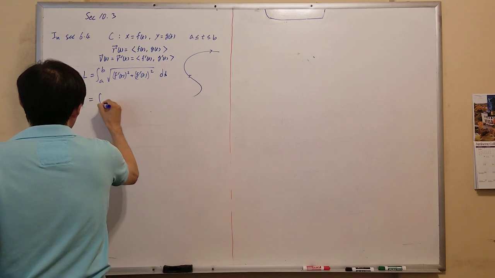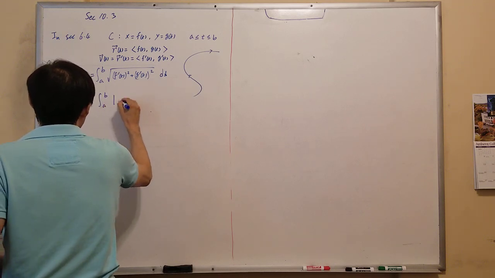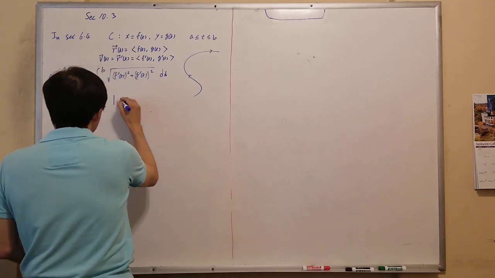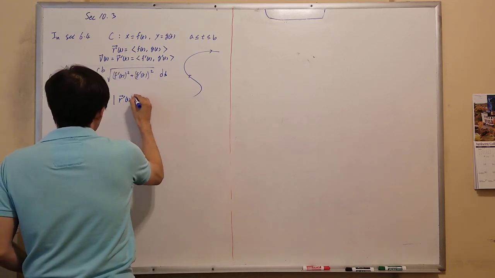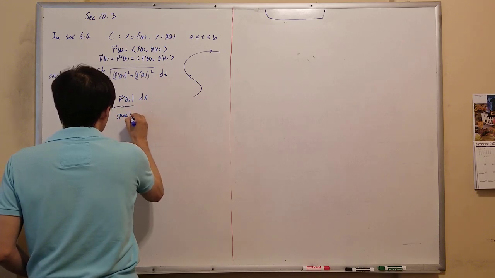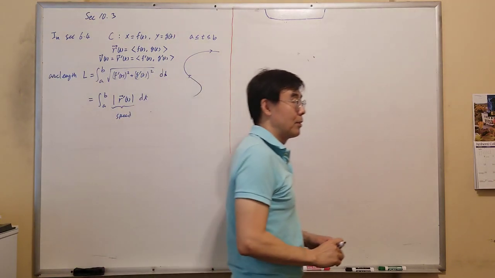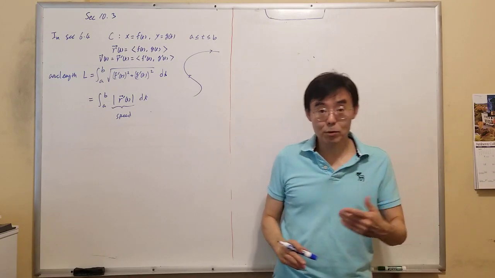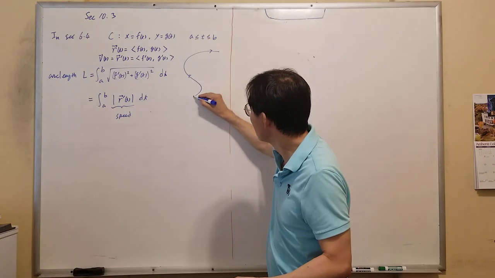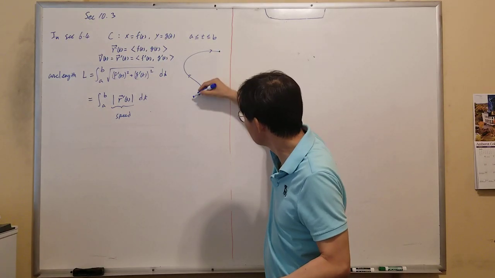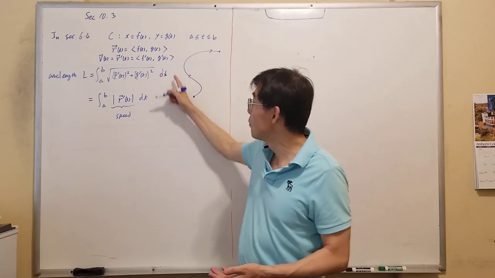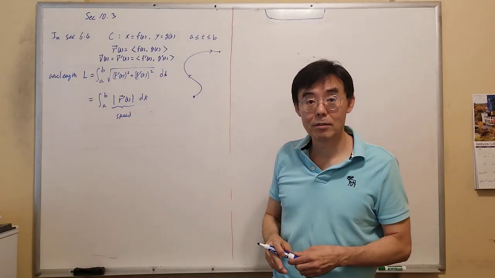And this is nothing but the magnitude of v of t, right? Magnitude of v of t is speed. So the time integral of a speed will give you the total distance you travel along the curve. Total distance you travel is exactly the arc length of the curve, represented by this position function.